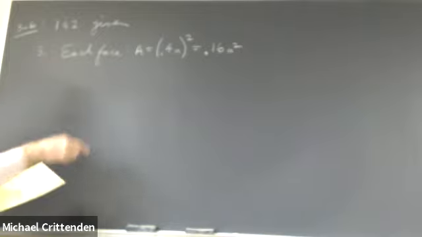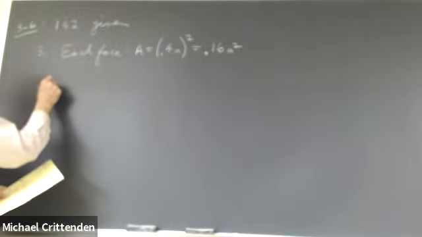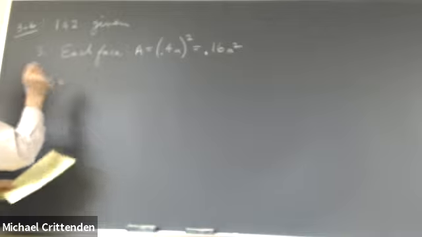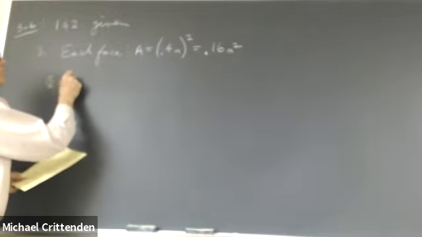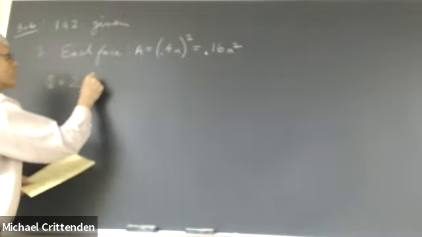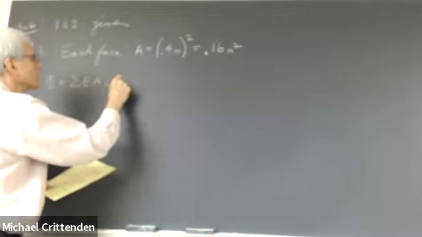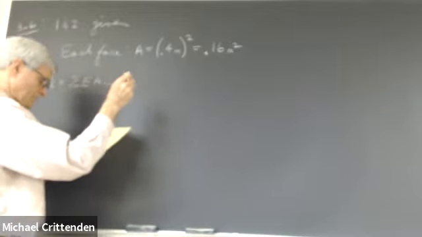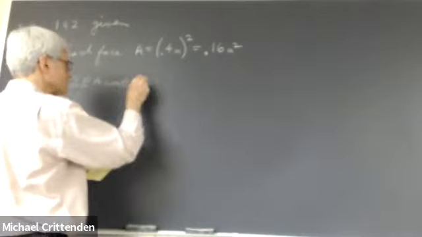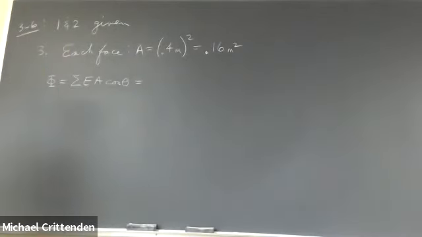The total flux through the box, we have to add up the dot product of E and A for each of the 6 surfaces, each of the 6 sides of the box.